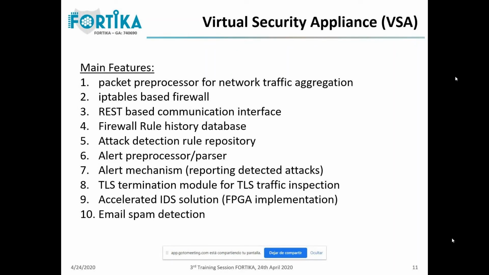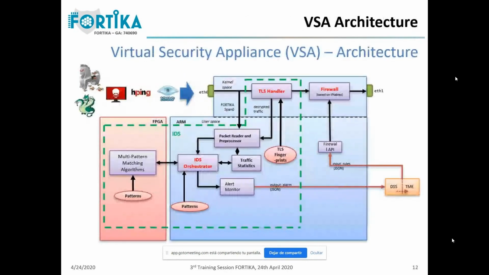It also includes an accelerated IDS based on the FPGA feature, which was mentioned at the beginning in the description of the hardware component by Artiris, and which accelerates the intrusion detection system process. It also includes email spam detection.